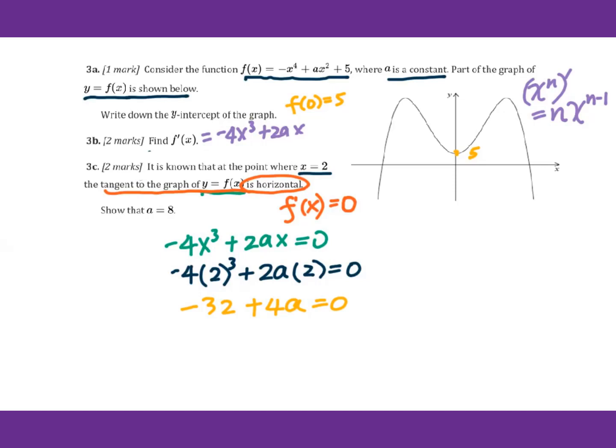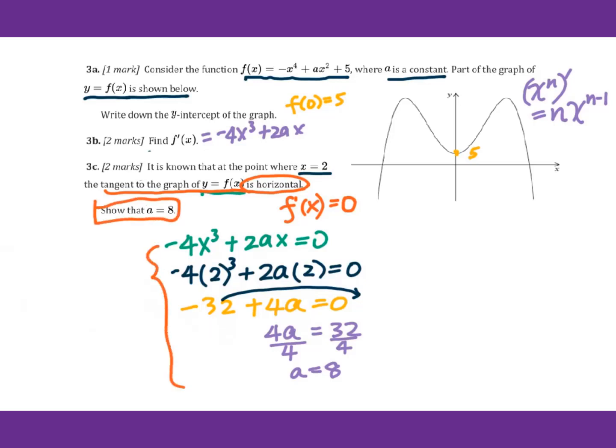This is a linear equation, so isolate 4a on one side. You will get 4a equals 32. So we divide by 4. a equals 8. Whenever you see show that, you just work the problem out.